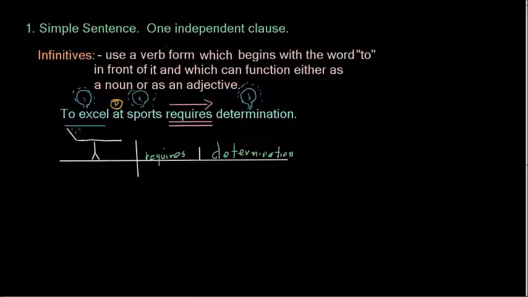And we write our infinitive, which is functioning as a subject, as a noun, to excel here. We also have a prepositional phrase, which is modifying to excel at sports. What are we excelling at?